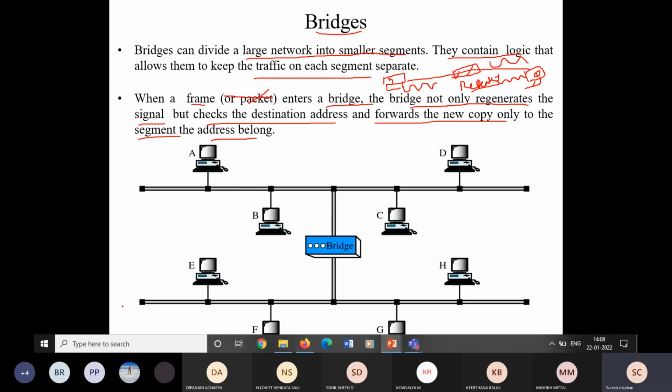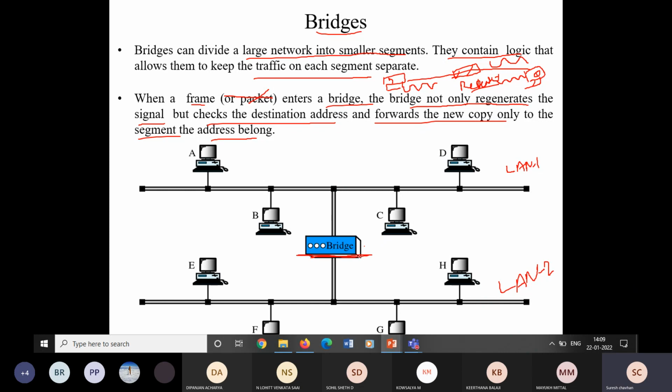In this figure you can see two different LANs, right? This is the one LAN, LAN 1, and this is LAN 2, right? These two LANs are connected via a bridge.